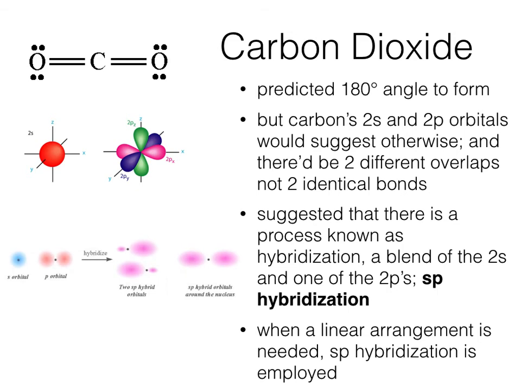Here again is what that blending looks like. The 2s and one of the 2p blends together, and you can see in pink the two equivalent sp hybridized orbitals. Okay, so now what's this going to look like when we actually form the carbon dioxide molecule?